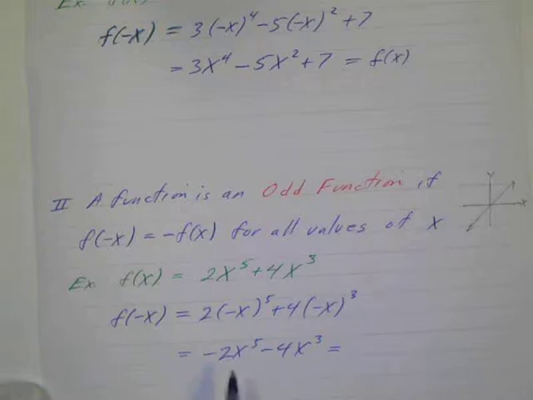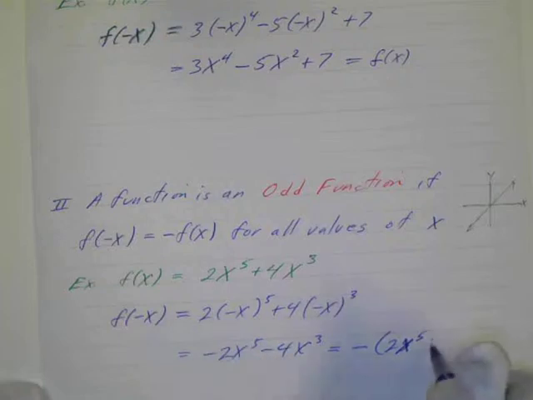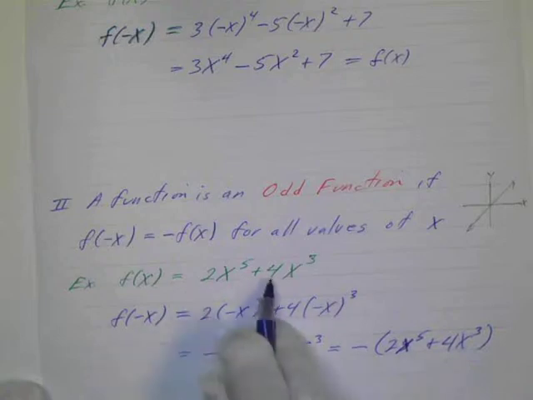But what we can do is factor a negative sign out of both of these, so it's going to be negative times 2x to the fifth. If I take out a negative, that's going to be positive 4x cubed. But that looks just like this.